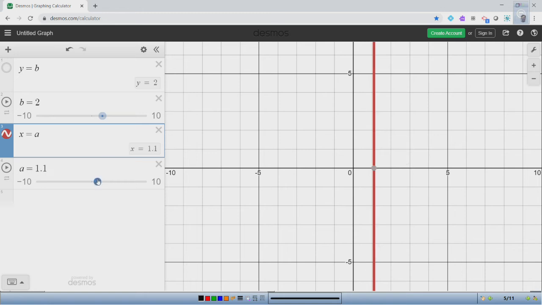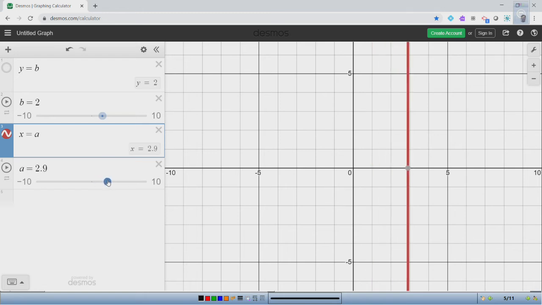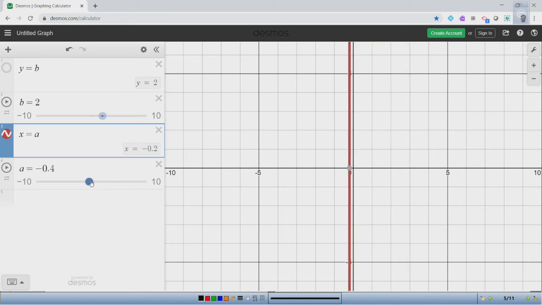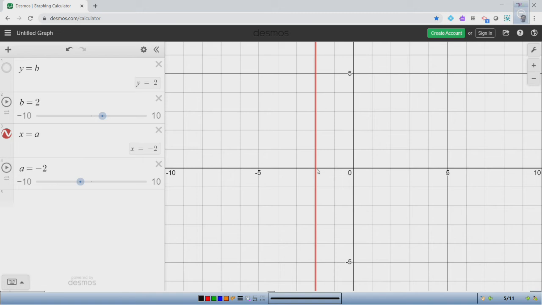If I move it to 3, the x-intercept is at 3. If I move this to -2, then the x-intercept is at -2. So the value of a has a direct relationship to the x-intercept of this vertical line.